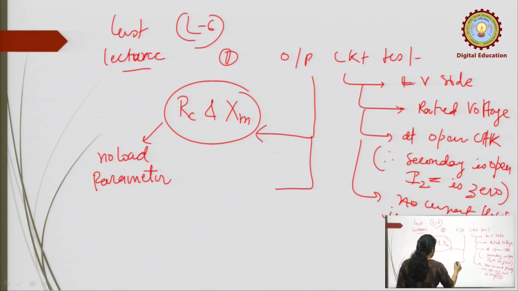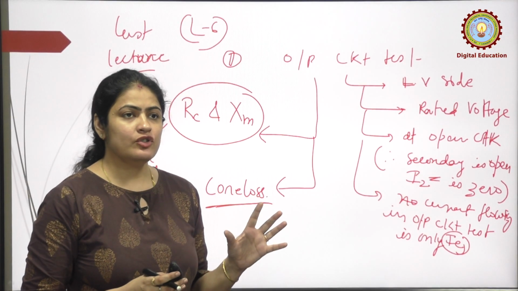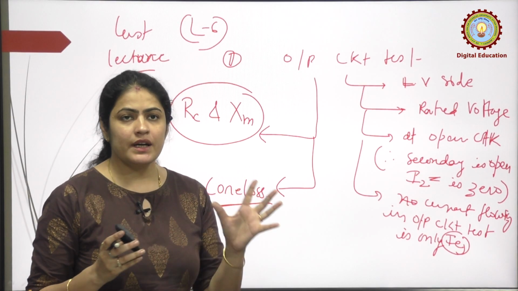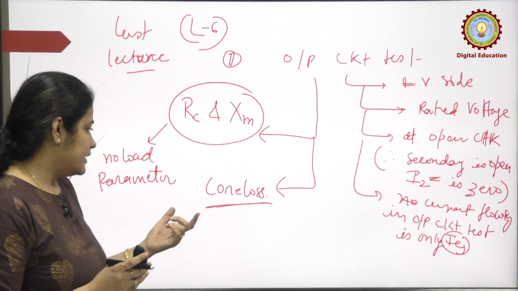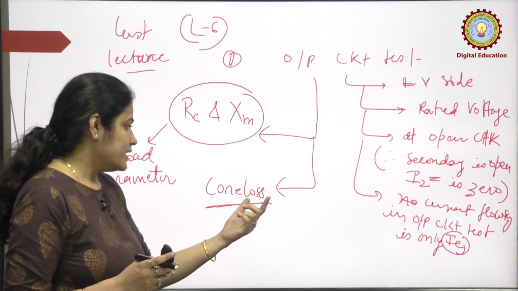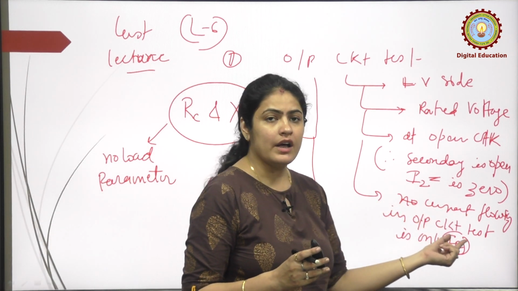The second thing is, we find the core losses, because in the open circuit test the wattmeter gives the total power consumed by the transformer circuit, but as we see, it carries only the no load current.